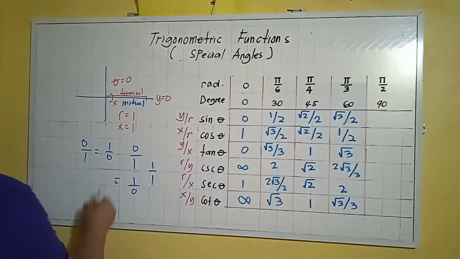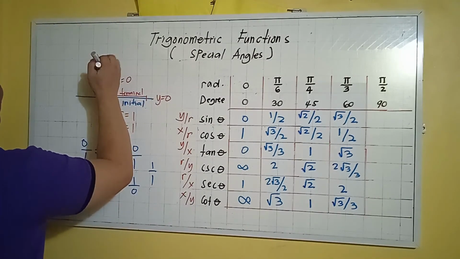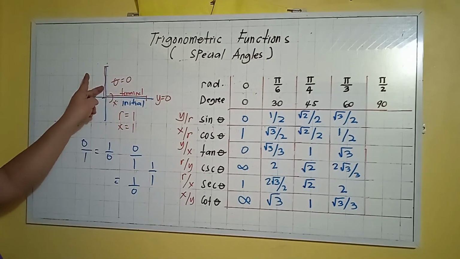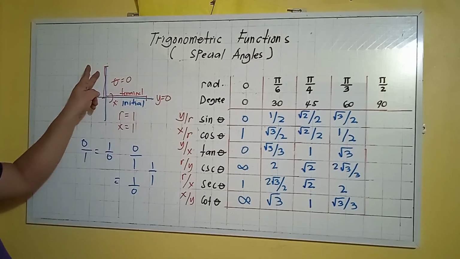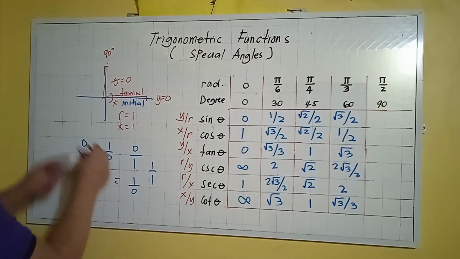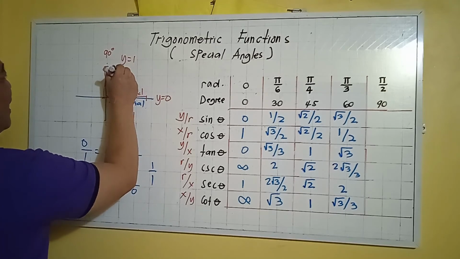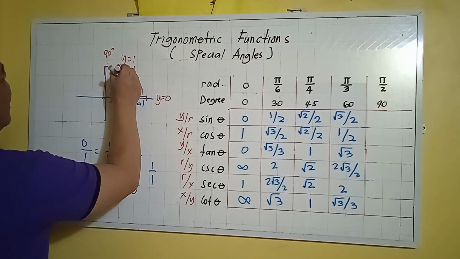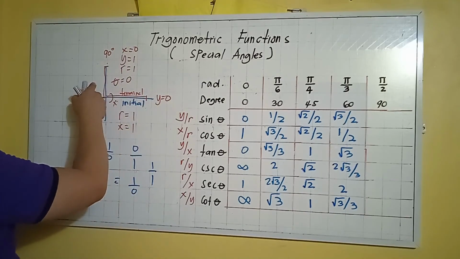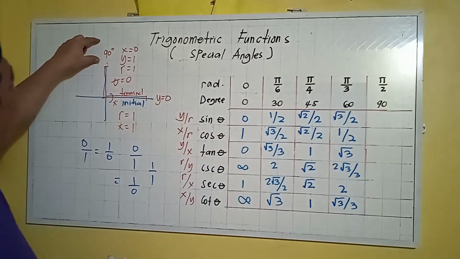Pagdating sa 90 degrees naman, the terminal side is at the vertical, the quadrantal angle, that is 90 degrees. This is 90 degrees. So this means y is equal to 1, r is equal to 1, and x becomes 0. Earlier, y was 0 here. So let's find sine 90 degrees.